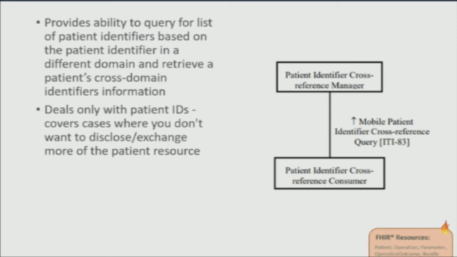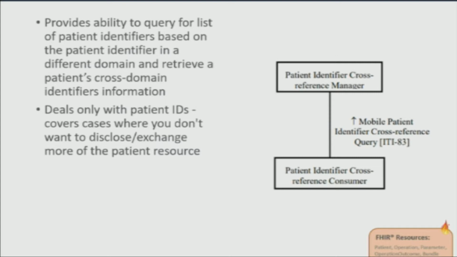PIXm, again, followed the exact same use cases and the exact same constraints that PIX had. The unusual part here is that PIX's constraint was that I don't know the demographics and I don't want to be exposed to the demographics. I have an identifier and I just simply want the equivalent identifier in this other domain.